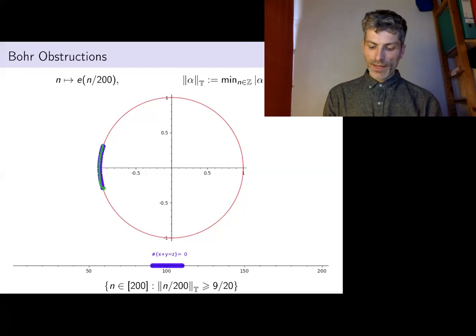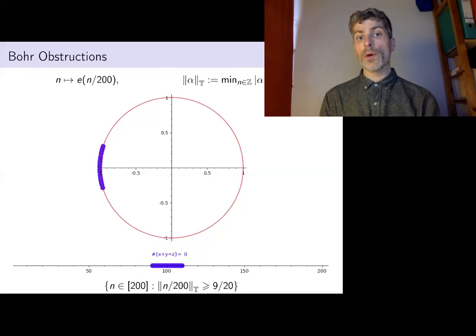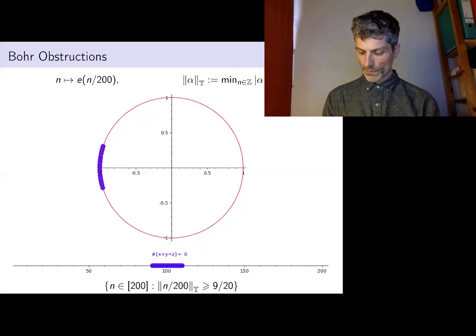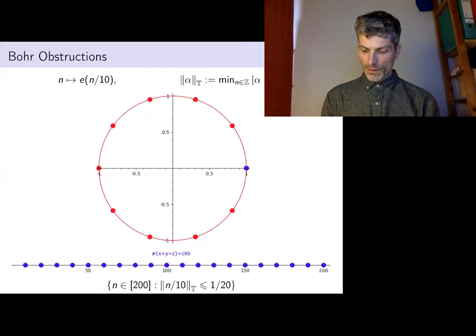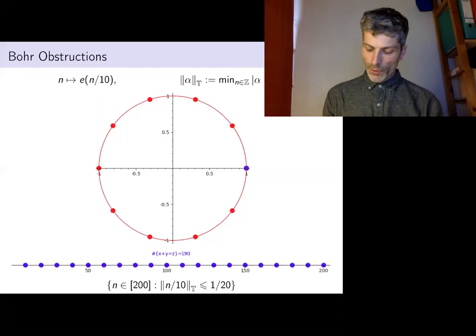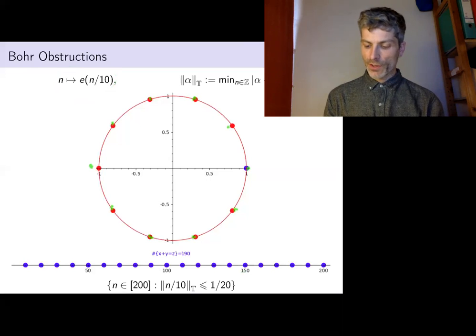And so can this interval here, where we've got no solutions. Again, because we're taking an arc far away from the identity. And you can write that down in terms of this distance to nearest integer function. A progression, well, when you wrap the whole interval according to the frequency 1 over 10, you get 10 evenly spaced points around the unit circle.